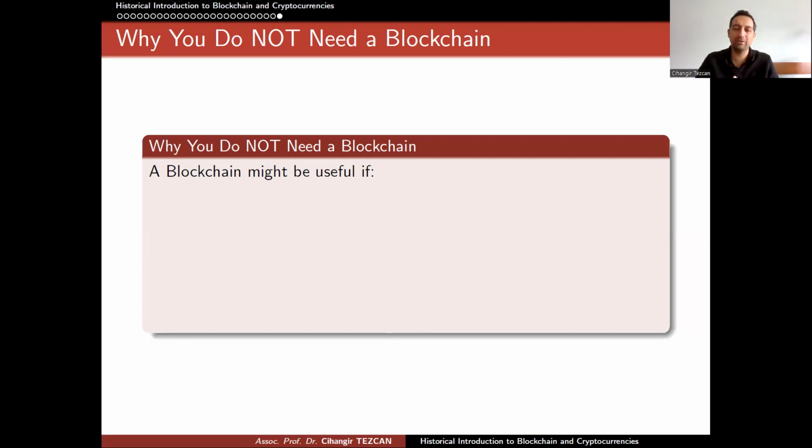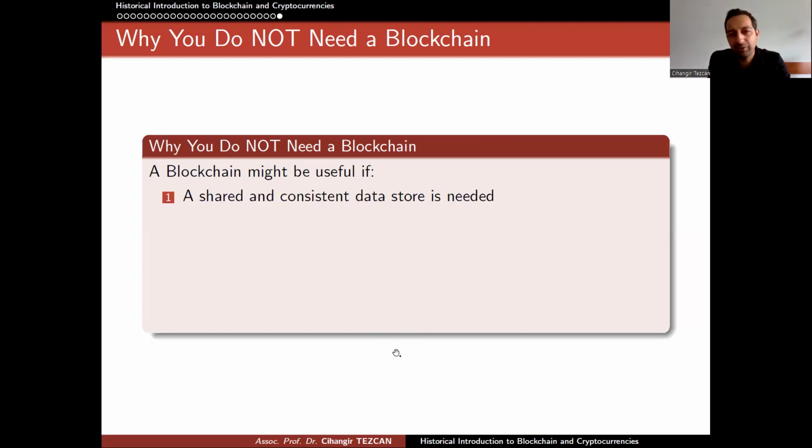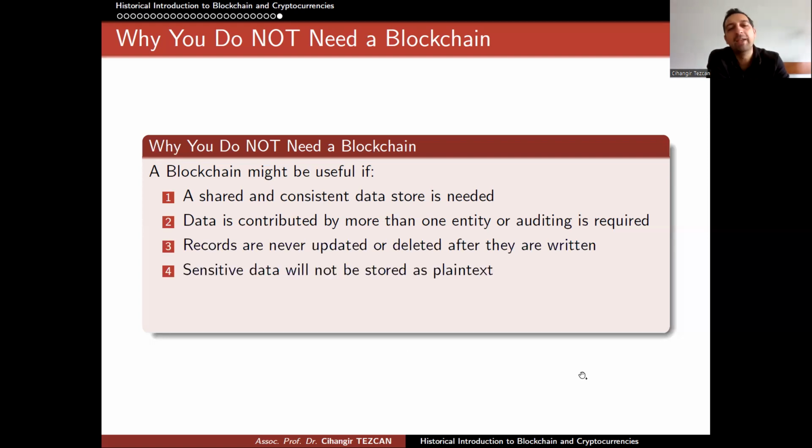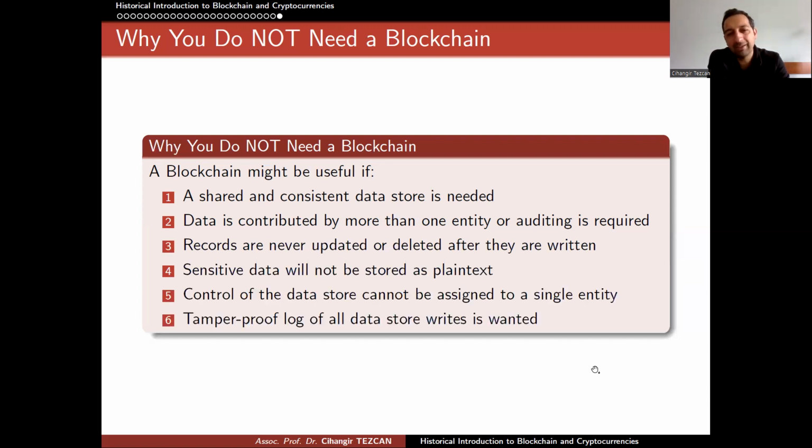So first you have to decide why you need a blockchain. A blockchain might be useful if a shared and consistent data store is needed, data is contributed by more than one entity or auditing is required, records are never updated or deleted after they are written, sensitive data will not be stored as plain text, control of the data store cannot be assigned to a single entity, and a tamper-proof log of all data store writes is wanted.